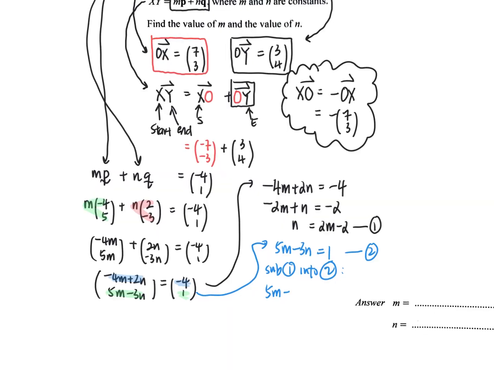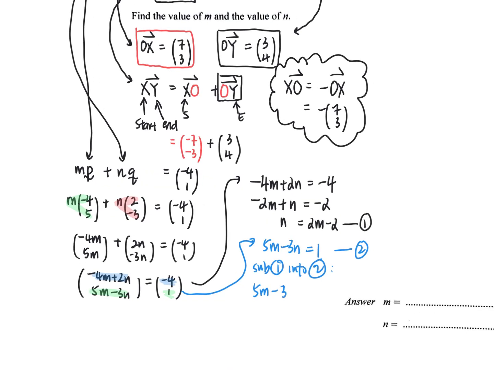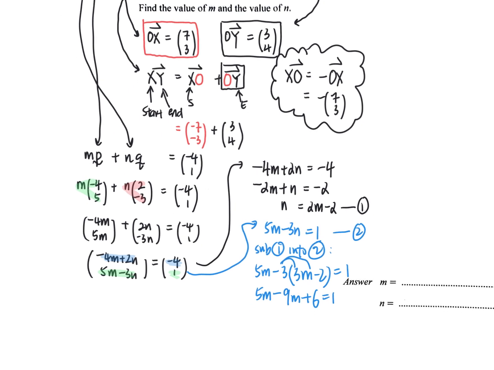So 3 times 3 is 9. Please, this one is a very common mistake. So this is 5 over 4.